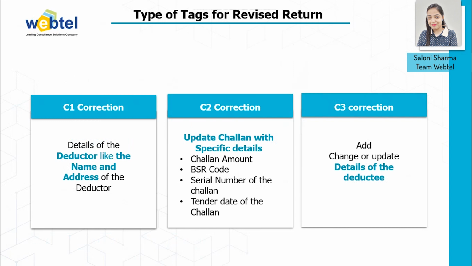If you make any changes in the challan details, like the BSR code, serial number, or tender date of the challan, then the C2 correction tag will be reflected in the revised return. And C3 correction is related to addition or updation of any deductee details.